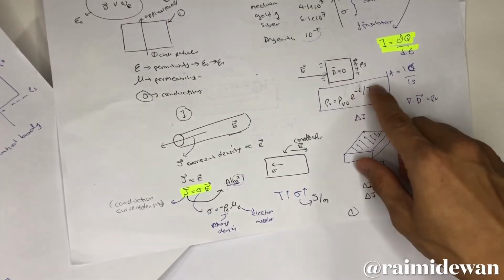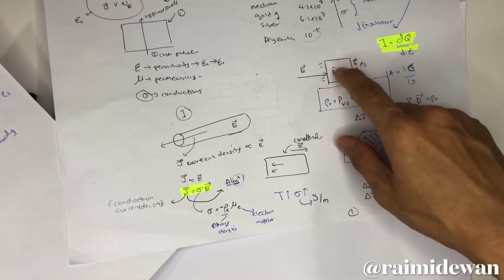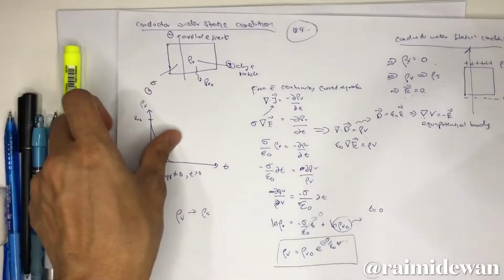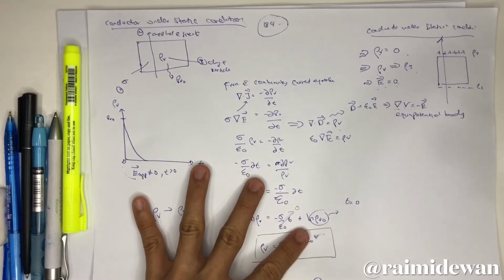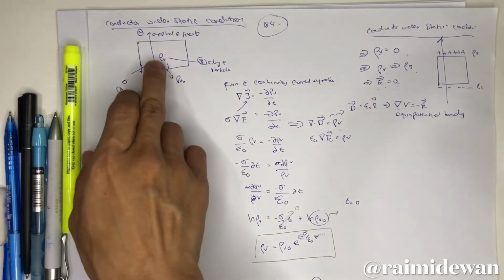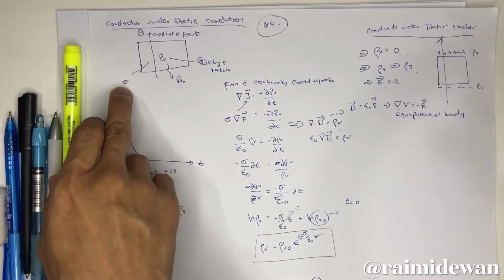how we come to derive these equations due to this condition, which is the conductor under static condition. So there we come across this, right? We have an applied field, and initially we have rho v naught, and we have the conductor with conductivity.